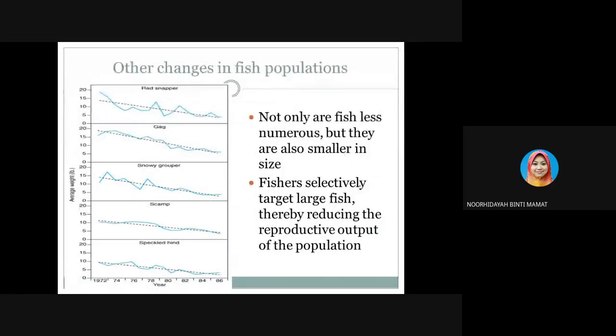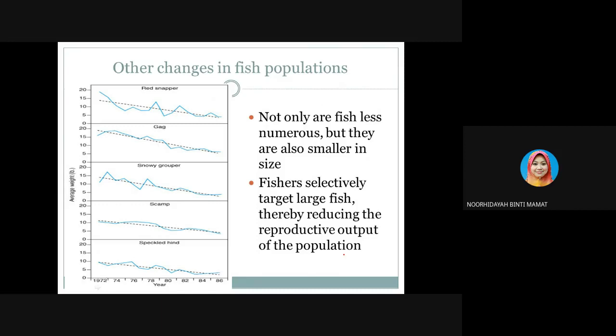And other changes in fish populations. This is the change in fish populations year by year. Not only are fish less numerous, but they are also smaller in size. Fishers selectively target large fish, thereby reducing the reproductive output of the populations.